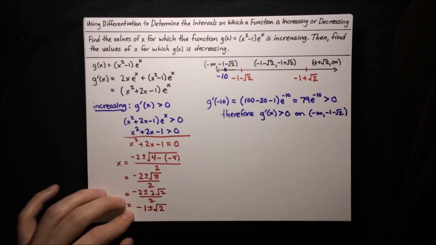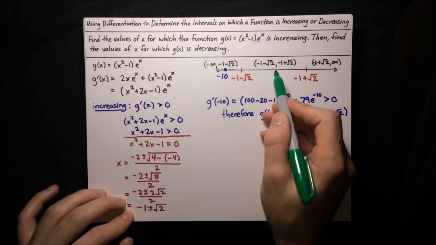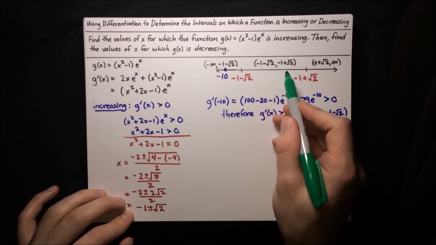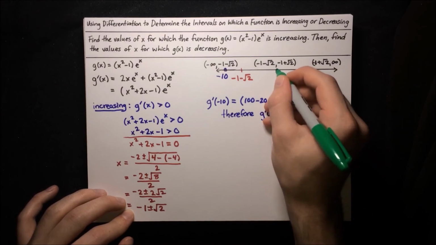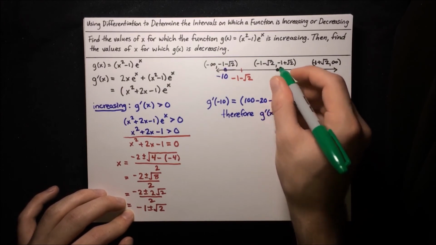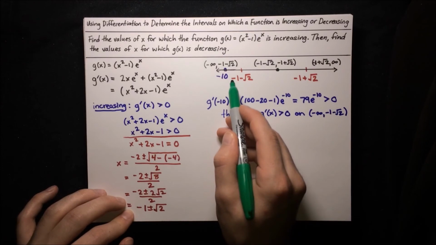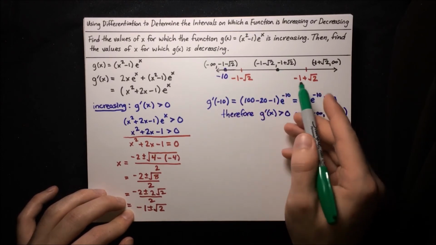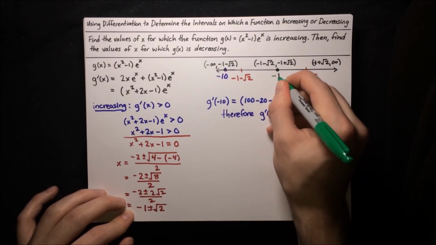Alright, next up, let's choose a test point in the middle interval between negative 1 minus root 2 and negative 1 plus root 2. The easiest choice might be negative 1, because we know that negative 1 minus root 2 is somewhere to the left of negative 1, whereas negative 1 plus root 2 is somewhere to the right of negative 1.